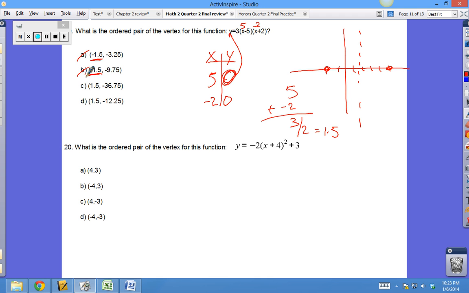So now I'm going to take 1.5 in the calculator and plug it in there for x, copy and paste that, and press enter. So I'm going to type in 3 parenthesis 1.5 minus 5 close parenthesis, 1.5 plus 2, and when I plugged in a 1.5, I got a negative 36.75.